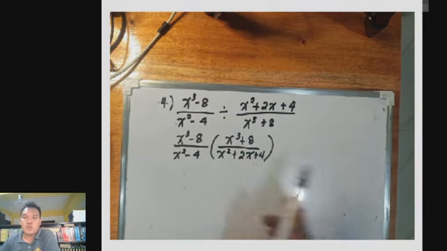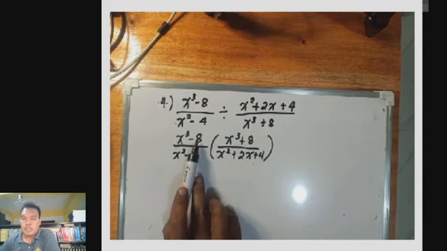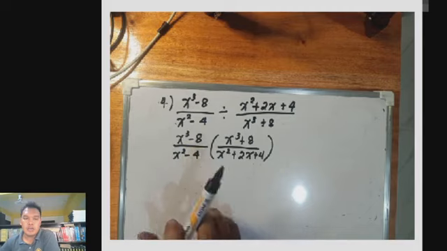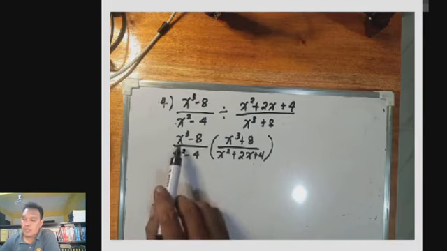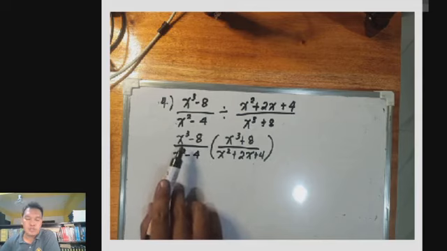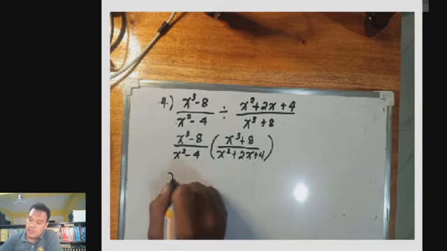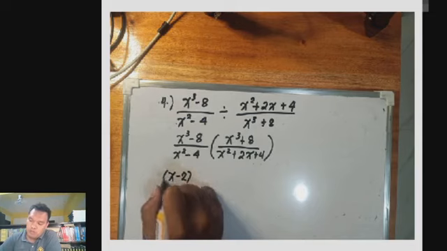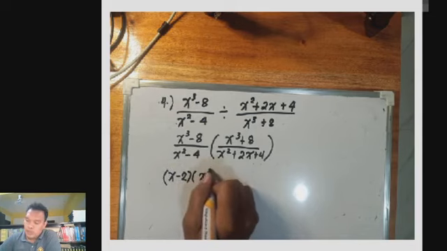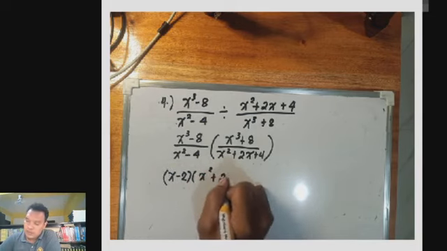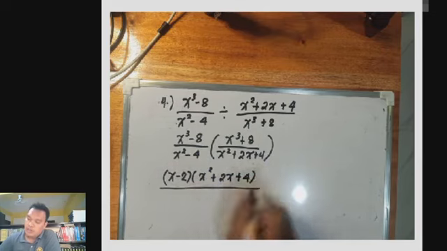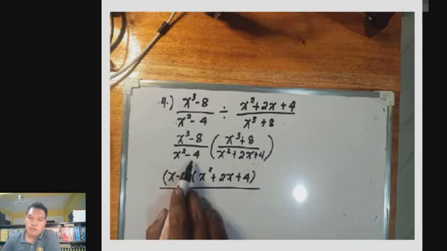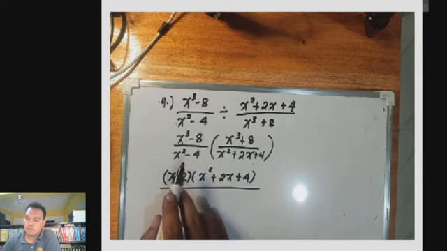Okay, so x cubed minus 8 is a special product, no? So we could say that the factor of x cubed minus 8 is equivalent to x minus 2 multiplied by x squared plus 2x plus 4, all over the factor of x squared minus 4, which is a special product then.